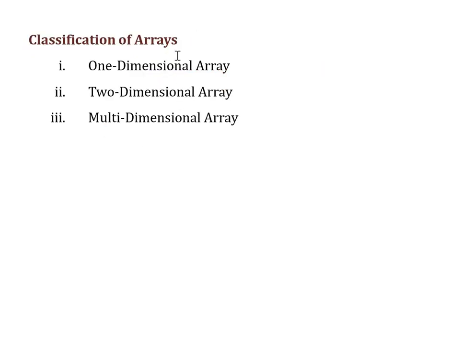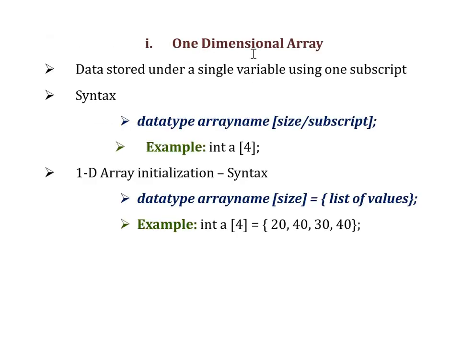There are other types of array classification based on the structure, like one-dimensional, two-dimensional, and multi-dimensional arrays. What is a one-dimensional array? It is data stored under a single variable using one subscript, like int a of 4. All the examples we have encountered till now are one-dimensional arrays. So that is the declaration. Then you have initialization.